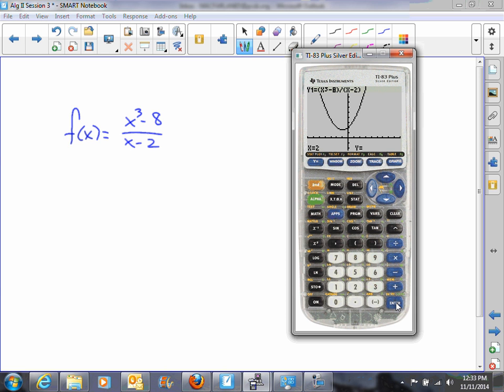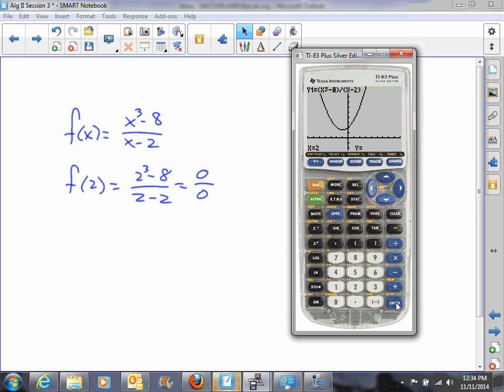And let's just do this. f of 2 is 2 cubed minus 8 over 2 minus 2. Now 2 cubed is 8, 8 minus 8 is 0 on the top, 2 minus 2 is 0 on the bottom. So now, at that one point, and I guess I kind of messed up here on the window.